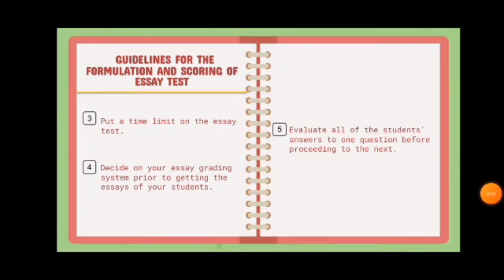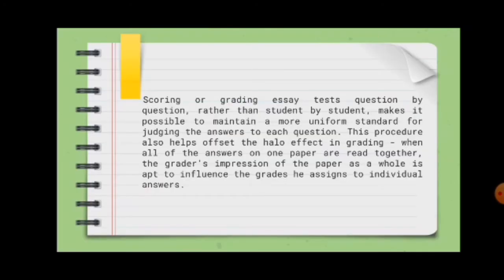Number 5, evaluate all students' answers to one question before proceeding to the next. Scoring and grading essay test questions question by question rather than student by student makes it possible to maintain a more uniform standard for judging the answers.